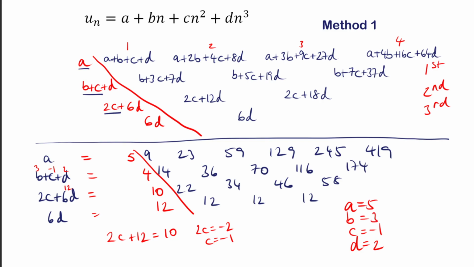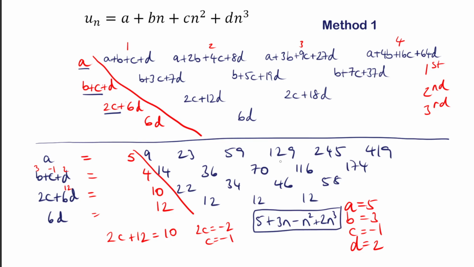So we now have our formula. It's basically 5 plus 3n minus 1n squared plus 2n cubed, using the numbers that we found. And we could easily check that if we wanted to, but it works.